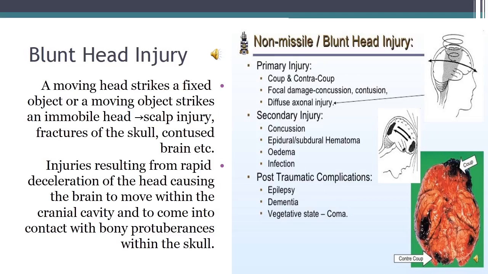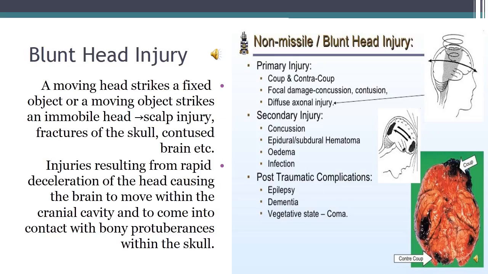Non-missile blunt head injury can cause primary injury represented by coup and contrecoup, focal damage, concussion, contusion, and diffuse axonal injury. All these are primary injuries, while secondary injuries that can occur following blunt head trauma are represented by epidural and subdural hematoma, edema, and infection.